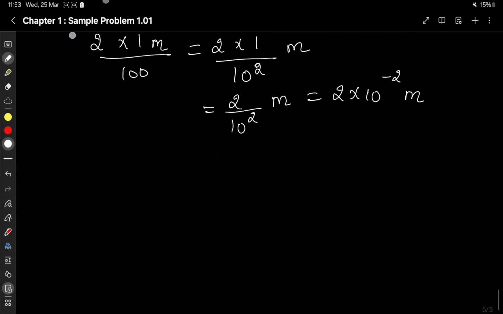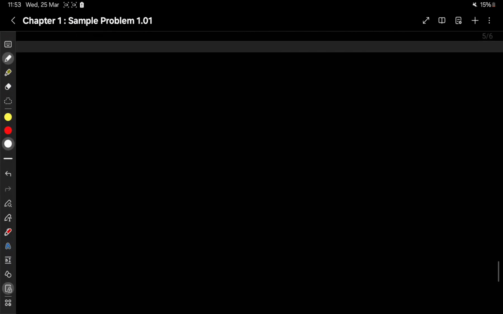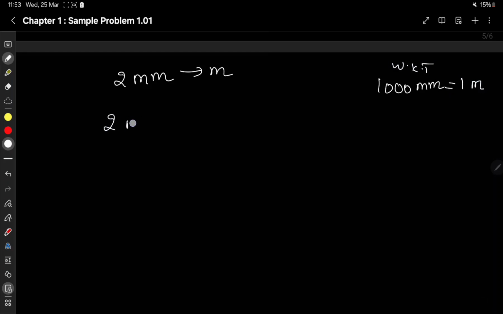Now we will check one more problem, like convert 2 millimeter to meter. We know that 1000 millimeter is equal to 1 meter. So we will multiply it with 1, and we will frame this in such a way so that numerator and denominator units should cancel each other. So 1 is equal to 1 meter by 1000 millimeter.